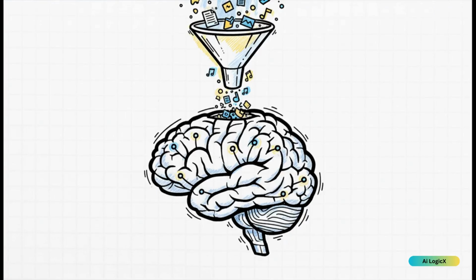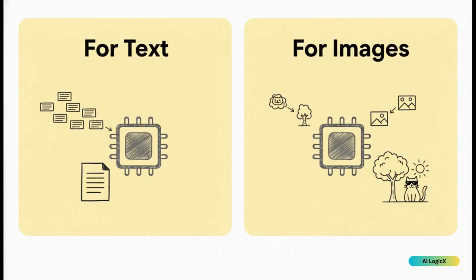The brain of a generative AI is something called a neural network, which is really just a fancy term for a computer system that's kind of modeled after the human brain. It's designed specifically to recognize patterns, and it learns by being fed just incredible amounts of data. Just like our drawing child learned from thousands and thousands of dog pictures. And different AIs learn from different kinds of data.